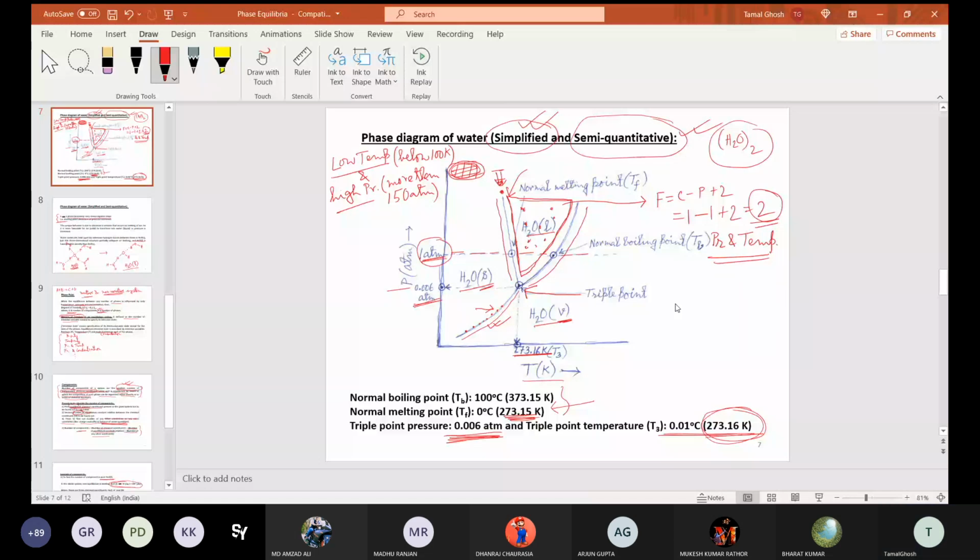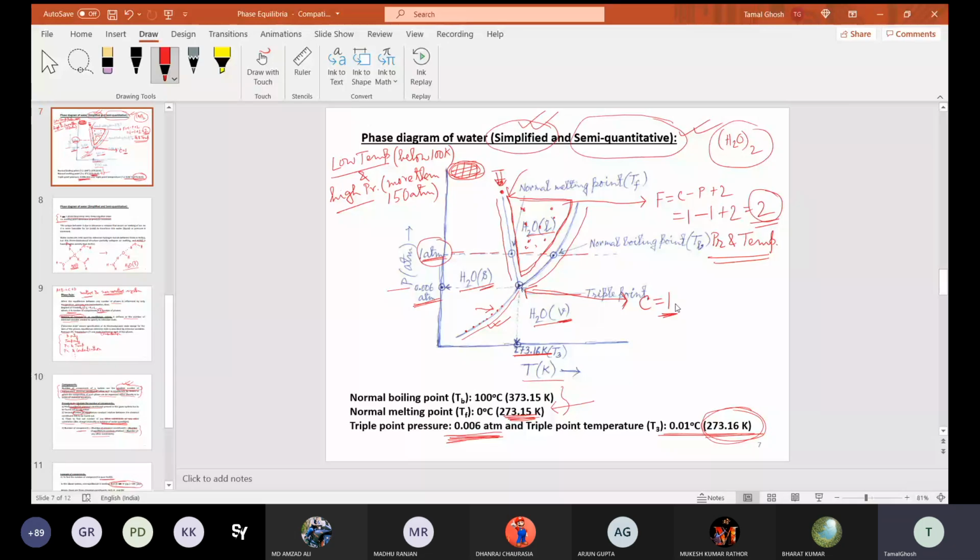Now slightly go down and you can see the triple point. At the triple point, what will happen? Our component will be equal to 1 only, so the C value will be 1. Why? Because we are considering pure water.